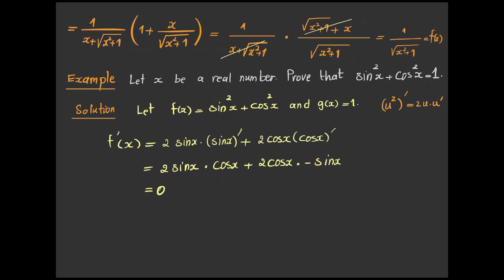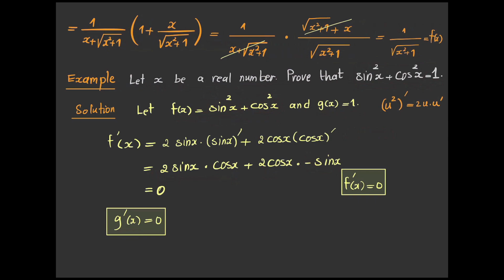So what I learned is that, therefore, the derivative f prime of x is equal to 0. Now, if I ask you what is the derivative of g, I think it's a matter of milliseconds. What's the derivative of g? It's again zero. So what I concluded is that if I define the functions f and g in this way, the derivatives are equal, because both of them are equal to 0.